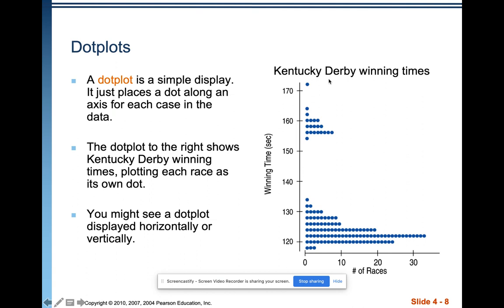So the dot plot at the right shows Kentucky Derby winning times, plotting each race as its own dot. You might see a dot plot displayed horizontally or vertically. So again, just repeating what I just said. Now, these are particularly helpful when you have many repeats of the same value. That makes it a really nice method for seeing how your data vary.